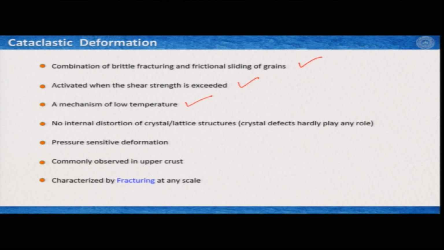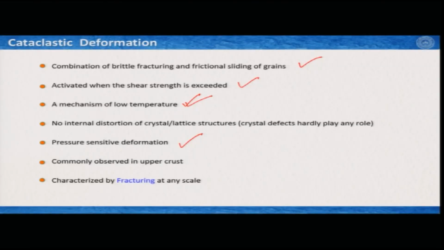Grains just fracture, rotate, break, and slip past each other, but internally the crystals do not show any special type of deformation. If that happens, then it is intracrystalline plasticity. We will learn about it in the next lecture.